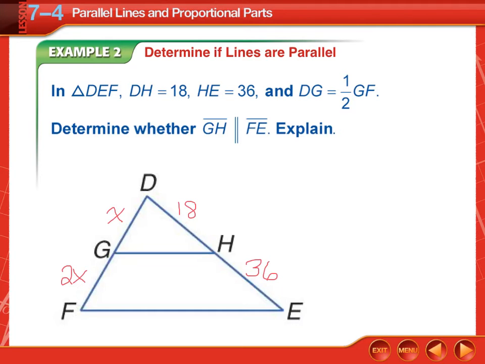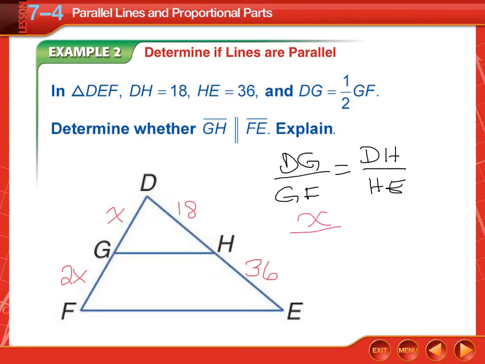So we are trying to see, is DG to GF equal to DH to HE. So we substitute: X is to 2X as 18 is to 36. And of course our X's reduce out, so we have 1 to 2.